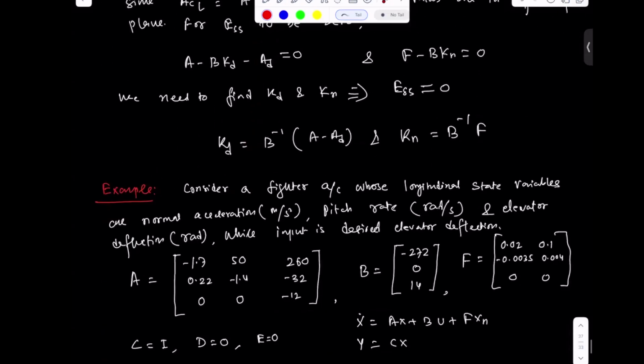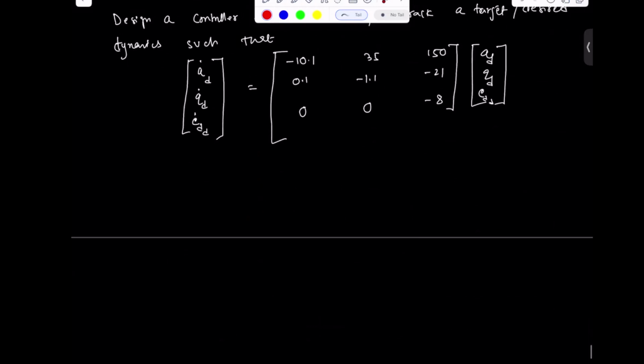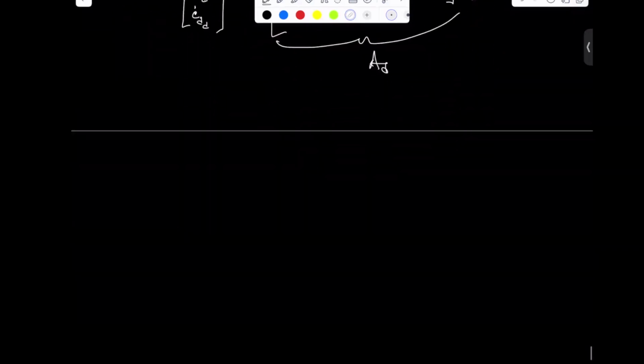So now we'll solve this problem. Let us first analyze A_d and find the natural frequency, damping ratio, and poles in MATLAB. This is our A_d matrix.